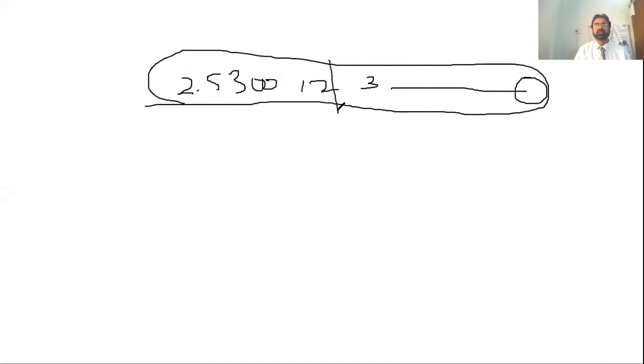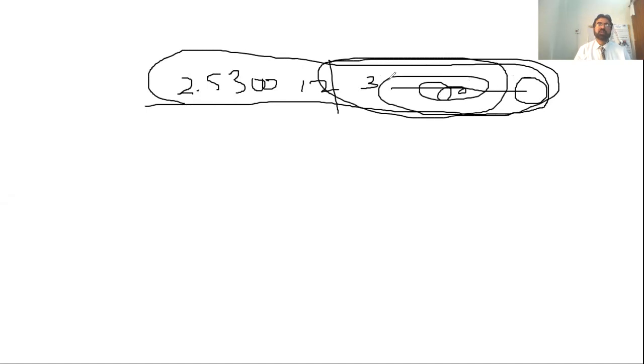You can't do this because it will occupy a lot of space and waste a lot of your time. So what do we do? We go up to a certain extent. After the decimal, we either take 2 digits or 3 digits, as far as the importance of the variable is concerned.